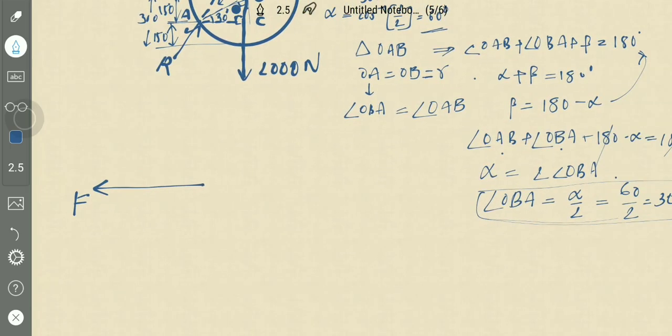So this is the reaction, and another one is 2000 newtons.